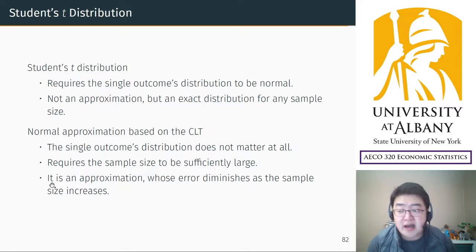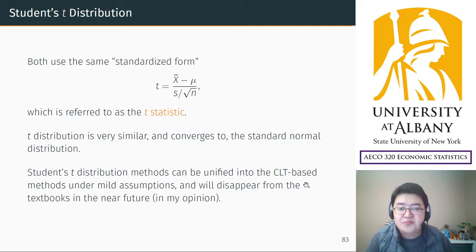But my method is an approximation, and its error diminishes only when the sample size increases. So I cannot handle the approximation error in our method. Still, I have to give the credits to the student t distribution because the student t distribution uses the same form, standardization.